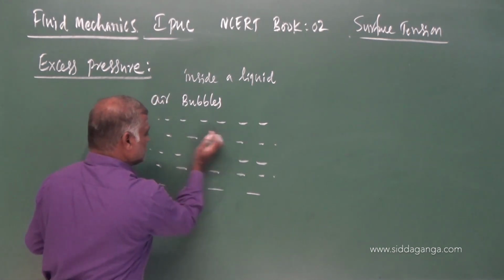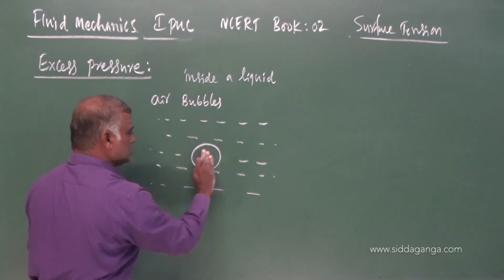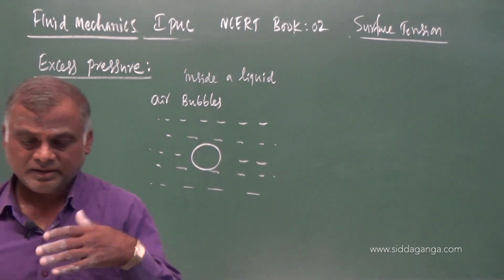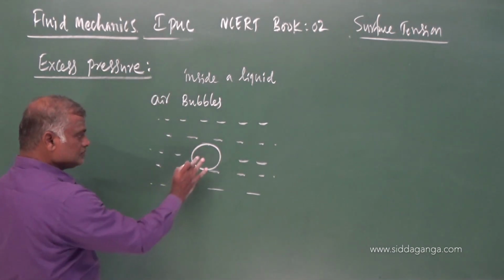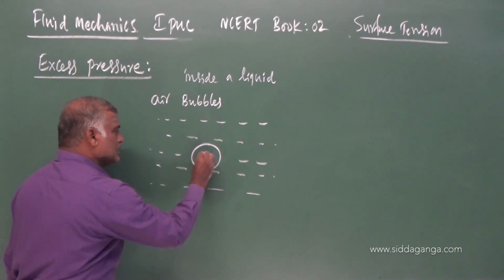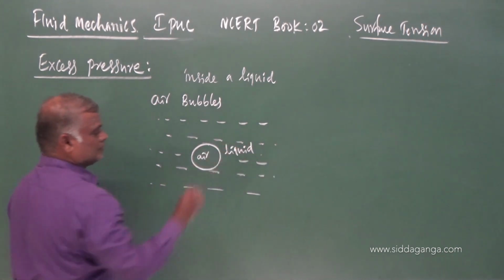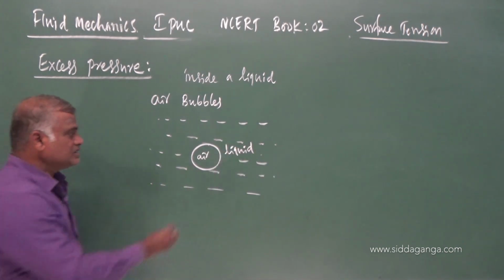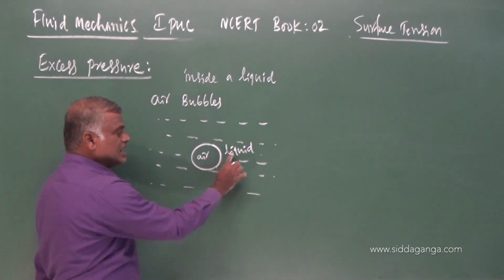I take only one air bubble now. Again, these bubbles are spherical in shape due to the property of surface tension. This is air, outside it is a liquid. Means there is one interface here which separates air and liquid.